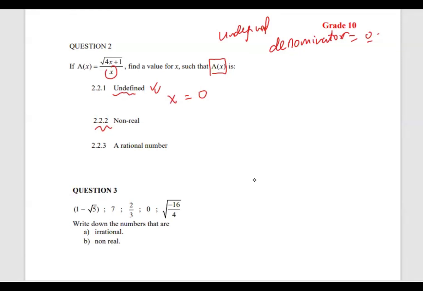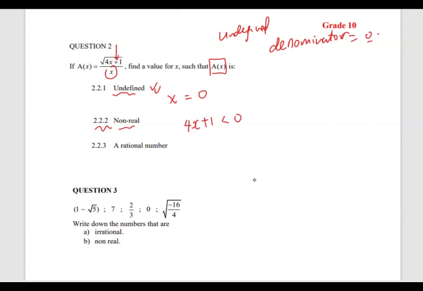Then for non-real, what we're saying is that for something to be non-real, there has to be a negative within this root sign. So what I'm going to do is get the 4x plus 1 and say it should be less than 0. They want the value of x such that it's non-real.